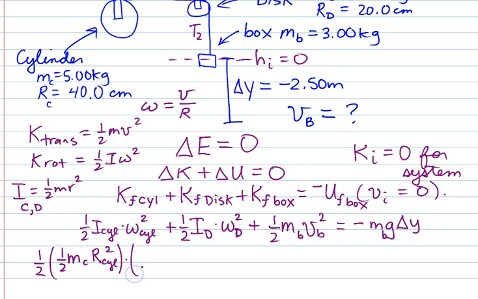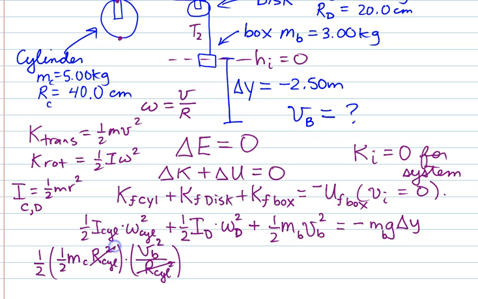So omega squared of the cylinder is going to be v of the string, which is the point at the edge of the radius, but that's basically the speed of the box squared over the radius of the cylinder squared.